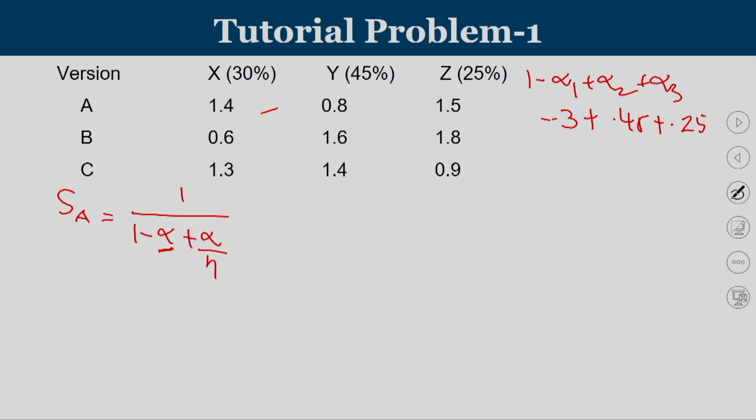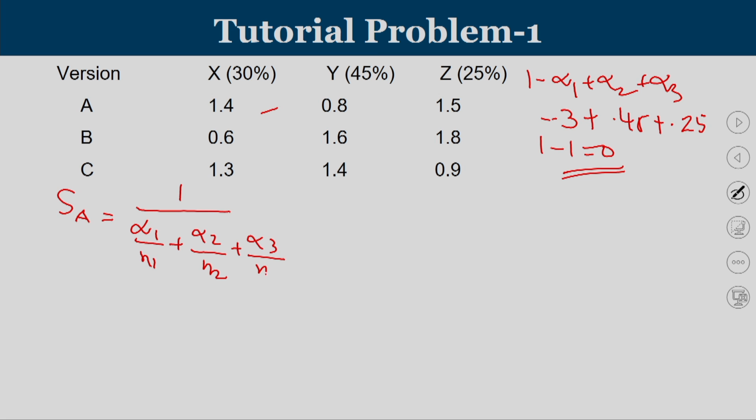If you add up all these 3 you will get 1. So, essentially it is 1 minus 1 equal to 0. So, there will not be any component which is not going to be affected by the change. So, we can redraft Amdahl's law in this way. It is 1 by alpha 1 by n1 plus alpha 2 by n2 plus alpha 3 by n3. That is the way we are going to define this.